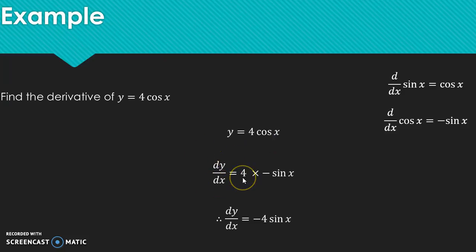The 4 stays the same, and that cos x, when we apply the derivative, gives us negative sine x. So the derivative becomes negative 4 sine x. Okay? We don't do anything, there's nothing to be done with an index or anything else like that. Simply cos x becomes sine x in this example.